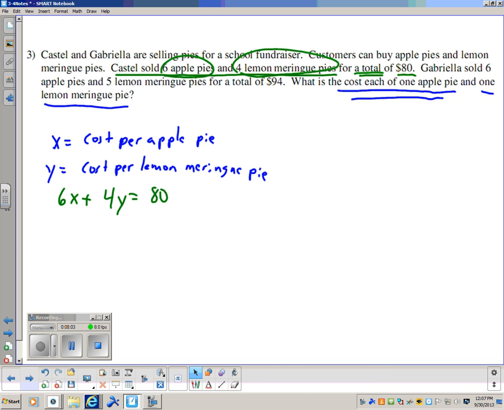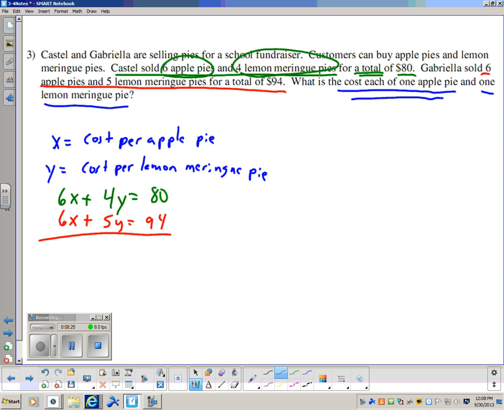And then we can set up the next one here. Gabriella sold 6 apple pies and 5 lemon meringue for $94. So each of her apple pies costs x, lemon meringue pies each cost y, and totals $94.